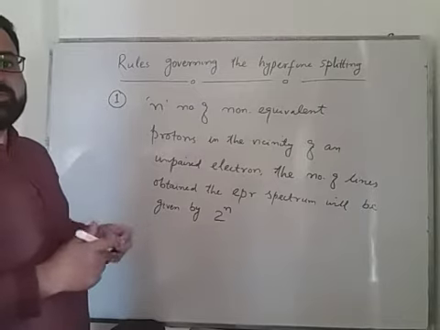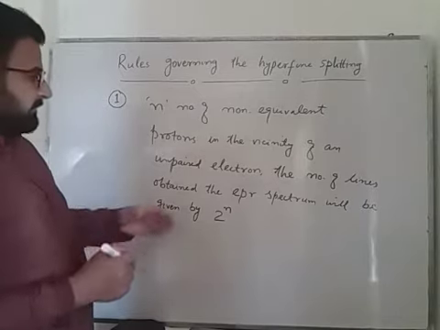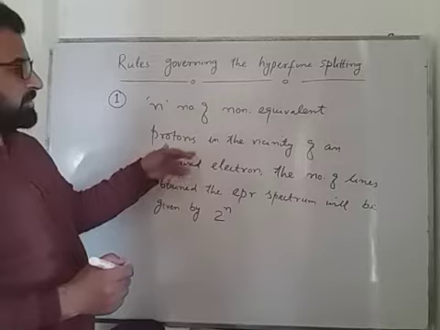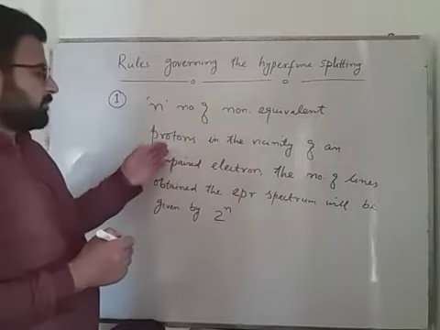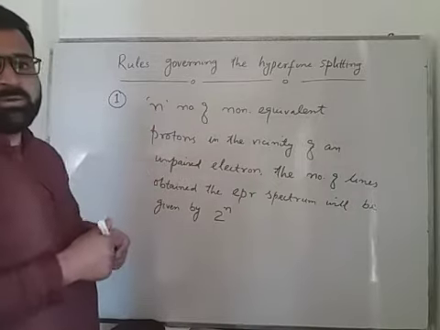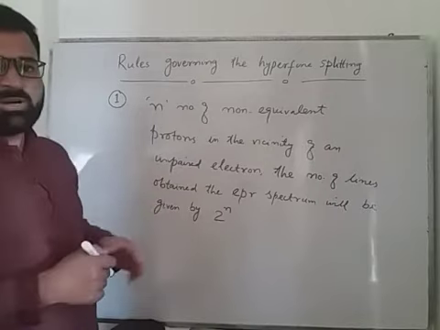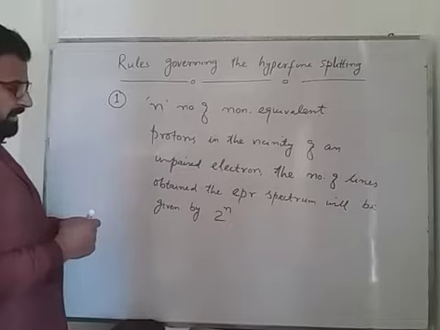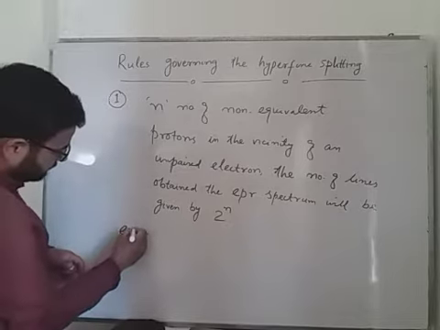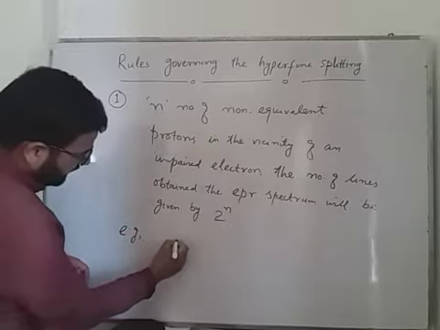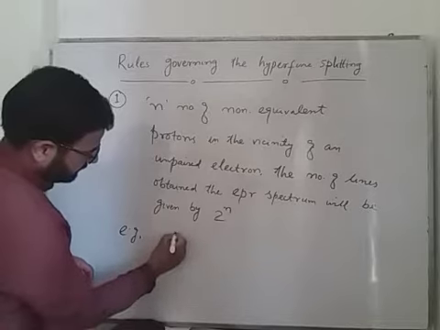So the number of lines which will be observed in such a system, in which the unpaired electron is delocalized over n number of non-equivalent protons, or is in the vicinity of n number of non-equivalent protons, will be given by 2 raised to power n. We will take an example. For example, we have the CHOH COOH free radical.